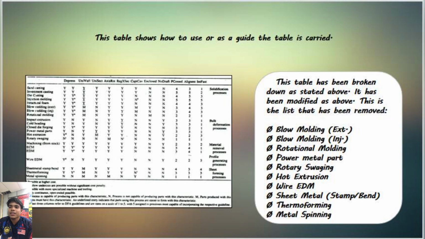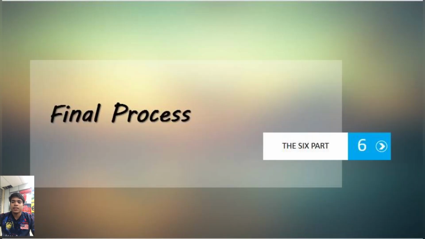First, blow molding, and for injection and extrusion, rotation molding, powder metal part, rotary swinging, hot extrusion, wire EDM, sheet metal, thermoforming, and metal spinning. Next, final process.